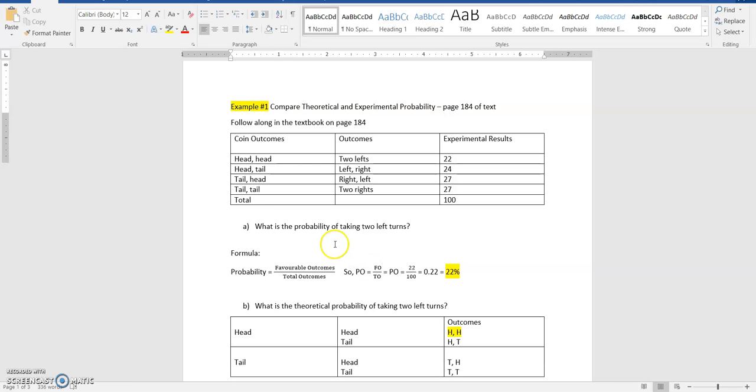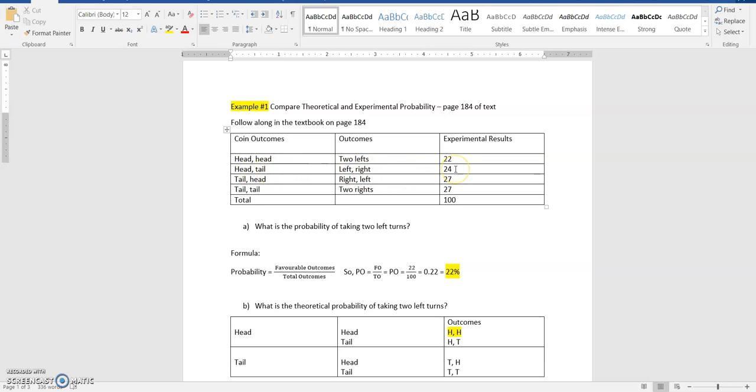All right, so as you can see here, I have made the chart. It's the same in the textbook. The only thing that I added is the total at the bottom. So if the camper flipped heads and then heads, they would make 2 left turns. That happened 22 times. If the camper flipped a heads then a tail, they would make a left then a right.